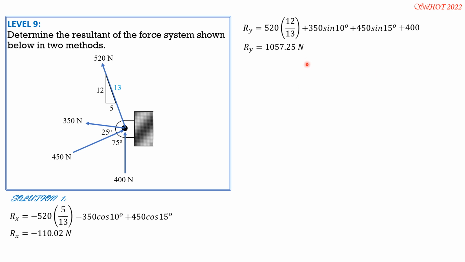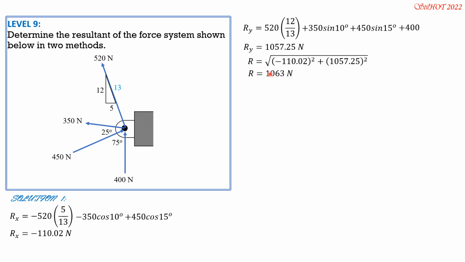1057.25 newtons. From there, we can compute the magnitude of the resultant, square root of 110.02 squared plus 1057.25 squared. You may make this positive if you want; in a way, when you square it, it's positive. So 1063 newtons. Because we are required to determine the resultant, it must be coupled with direction.